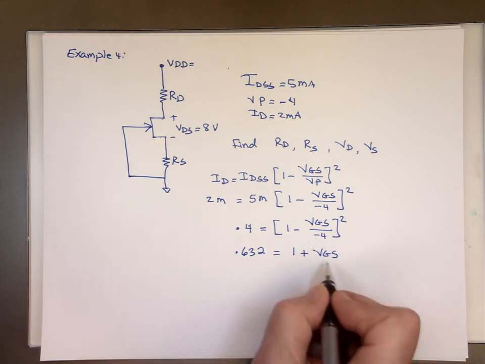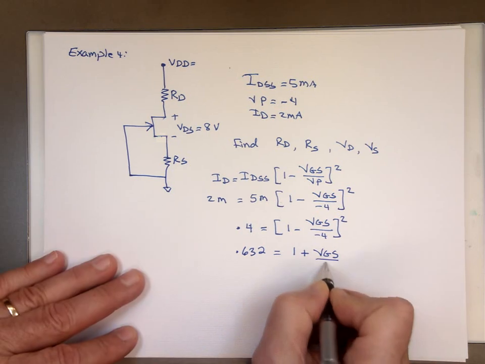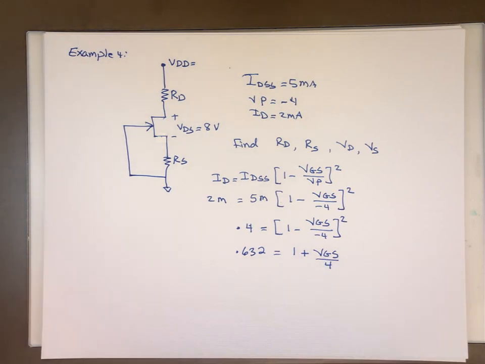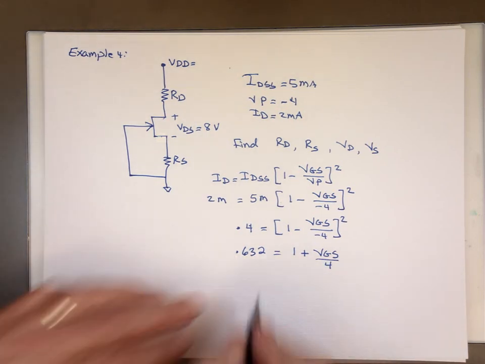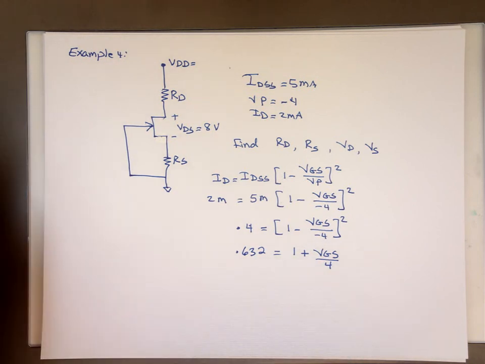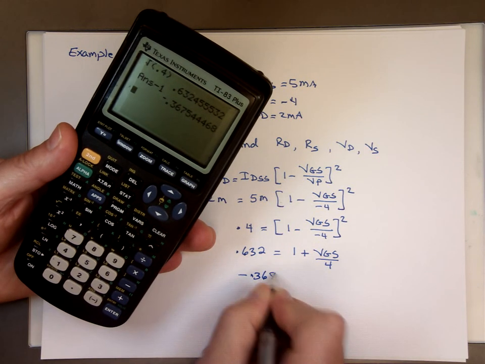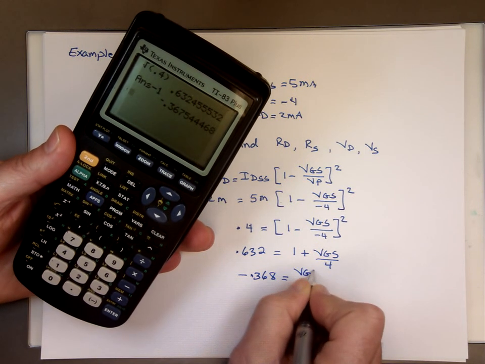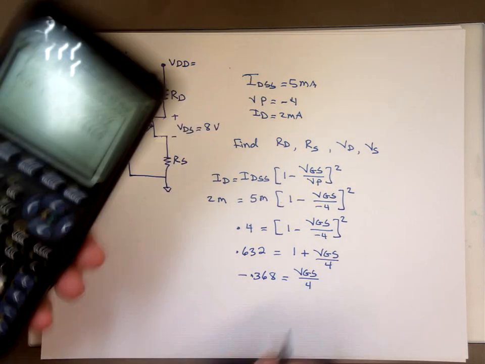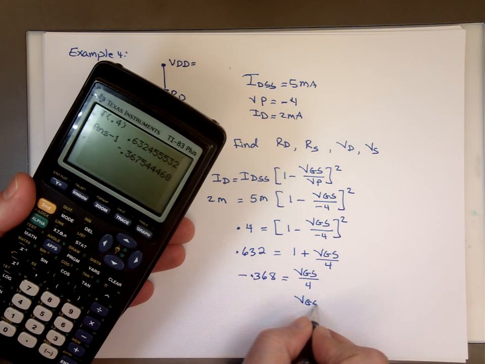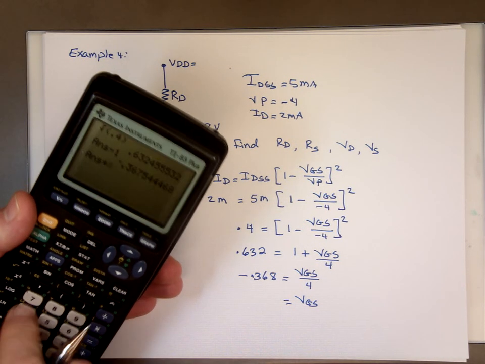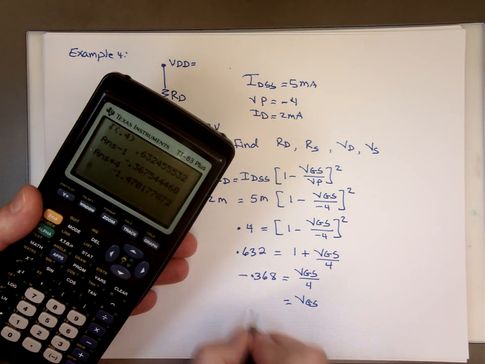My mistake, over 4 here. If you take the 1 to this side, it becomes negative: negative 0.368 equals VGS over 4. Multiply both sides by 4, and VGS equals negative 1.47.